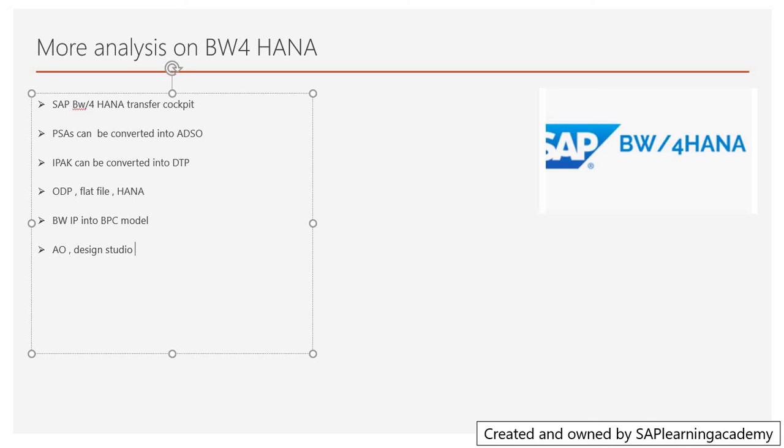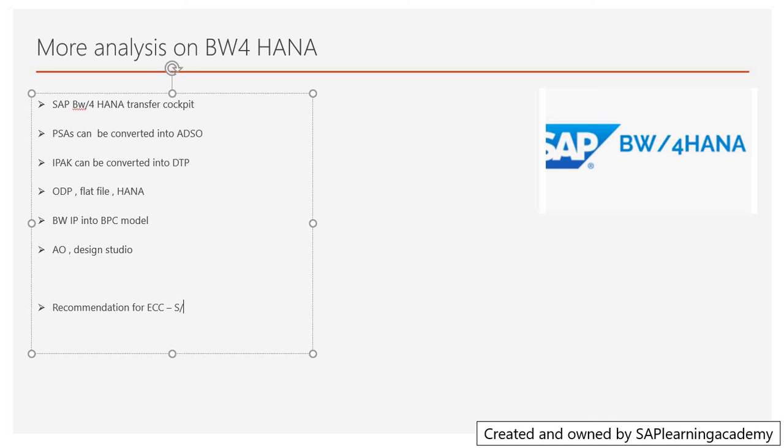And from the ECC point of view, SAP is recommending to upgrade the old ECC into S/4HANA. The recommendation is that the older ECC version, which is mostly a flat-file, kind of raw storing database, has to be converted into S/4HANA.